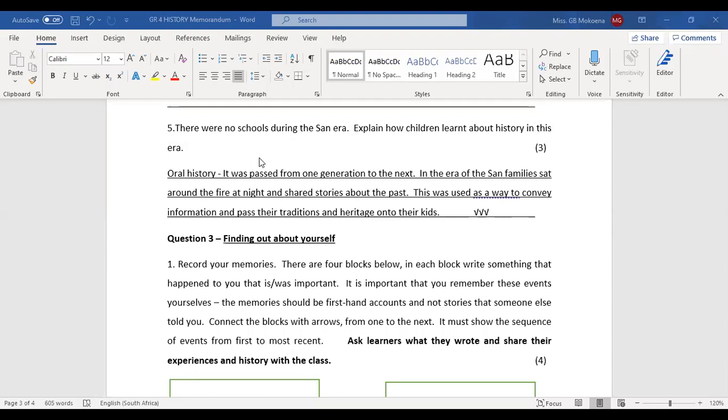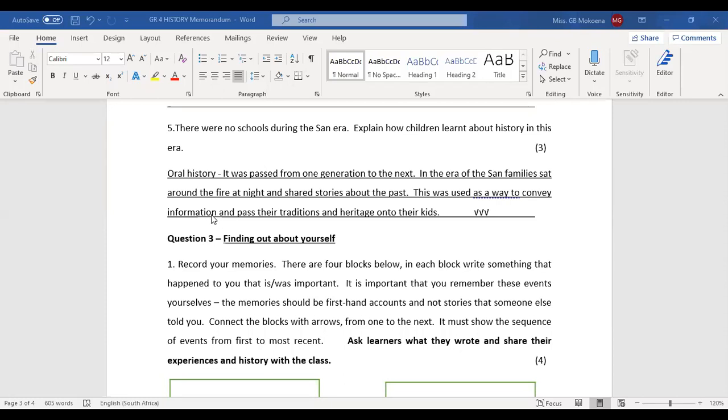Yes. Okay, guys, what I'm saying is, since we are learning about history now, how do you think the kids during that time, the San era, were learning history? Isn't it now we are learning it from textbooks?